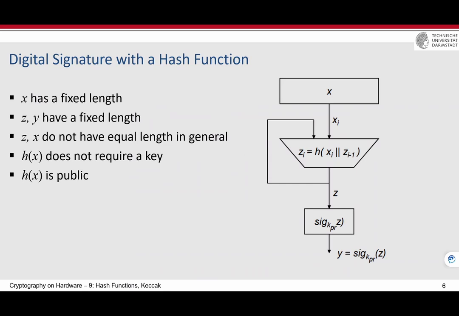There are different constructions for the hash, but usually you have X, which is given to a function, and then the function generates the hash. The hash function receives only a limited size of the message, so the message is divided into parts, and it is given again and again to this hash function, and finally the last hash is taken and signed, and this is what is sent out.